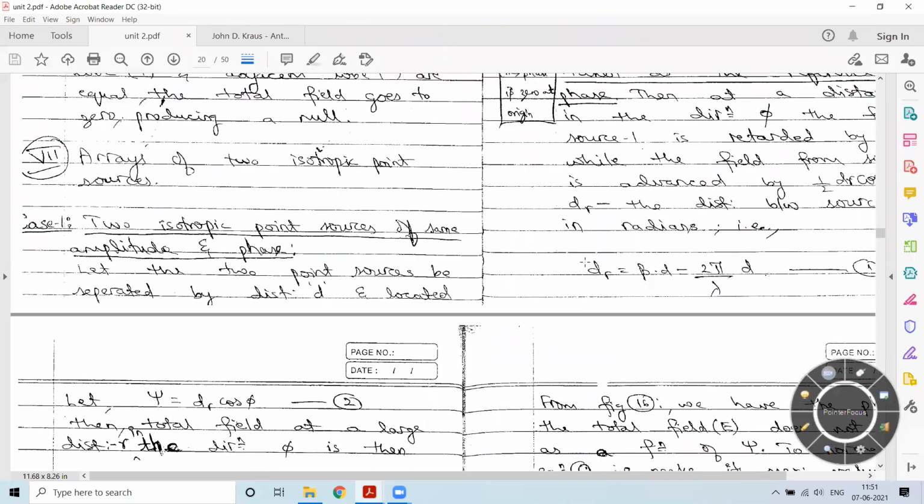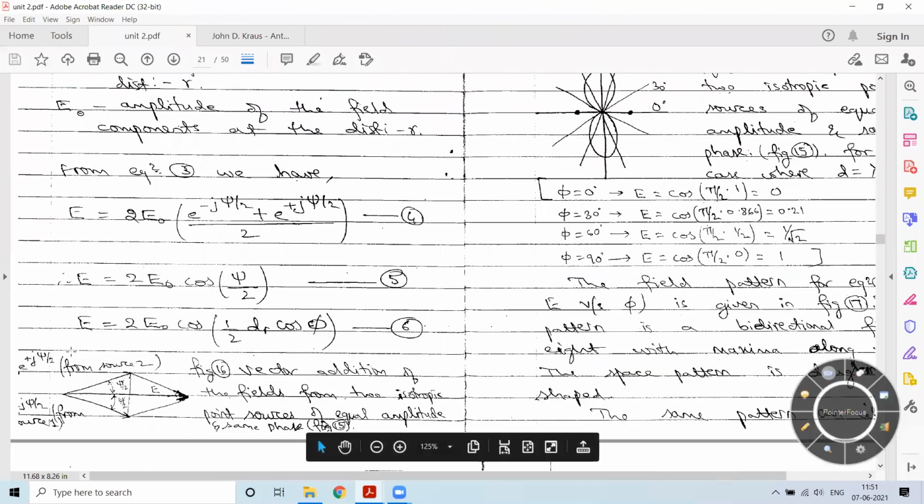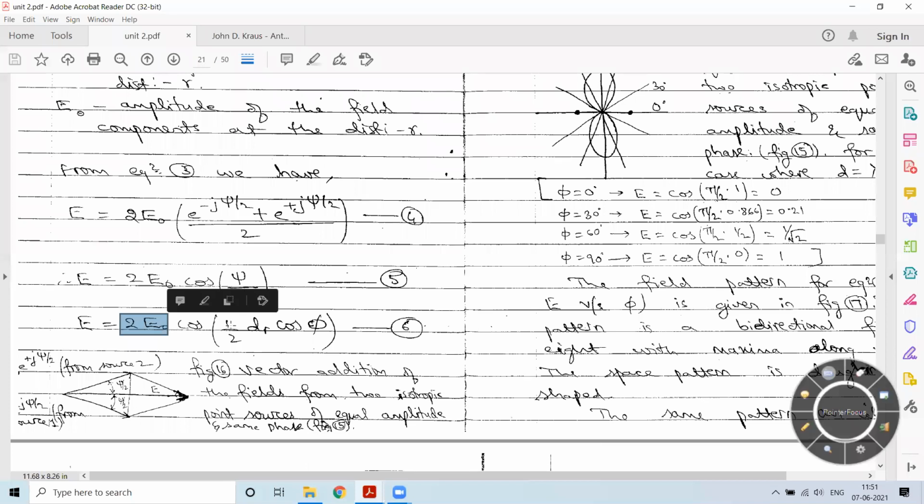So you are substituting d equal to lambda by 2, and dr is equal to pi. That is what you are getting. So you know what dr is. Now if you substitute that value in this equation, with 2 times E naught equated to 1, and dr as pi when d is equal to lambda by 2.